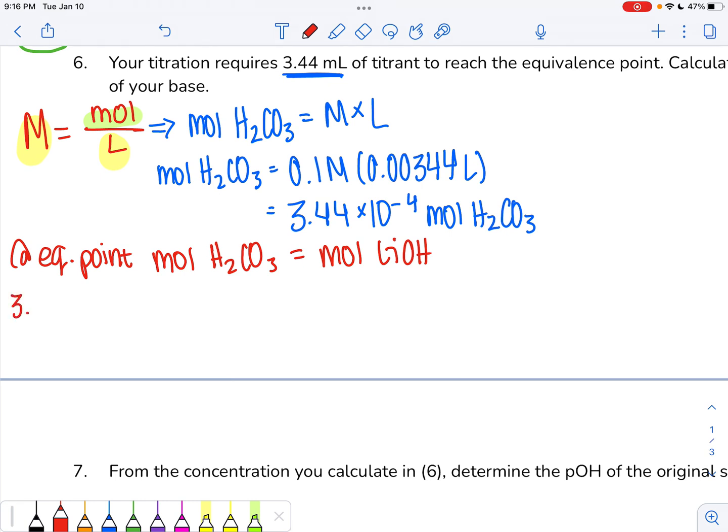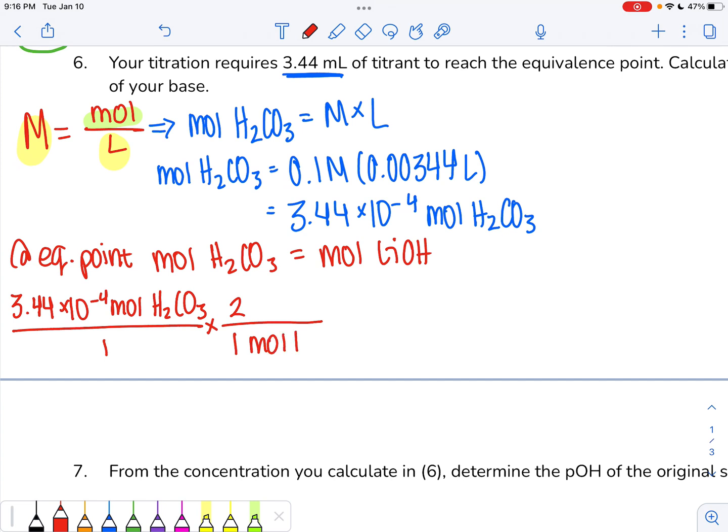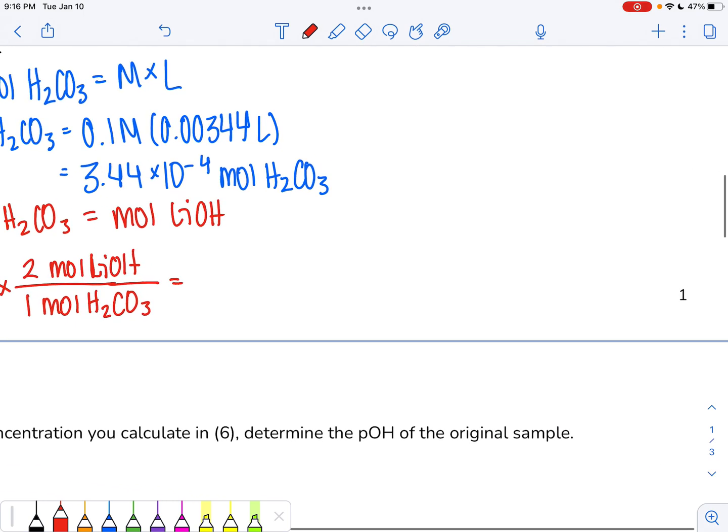So I know that I have 3.44 times 10 to the negative 4th moles of my acid. How many moles of base am I reacting with? Well, it reacts in a 2 to 1 mole ratio. So if I take that number and multiply it by 2, that gets me my moles of lithium hydroxide in solution: 6.88 times 10 to the negative 4th moles.